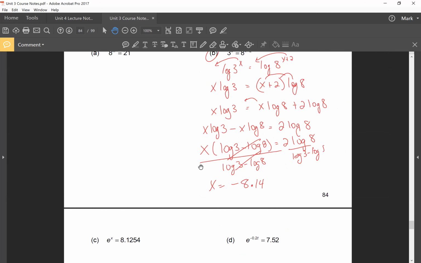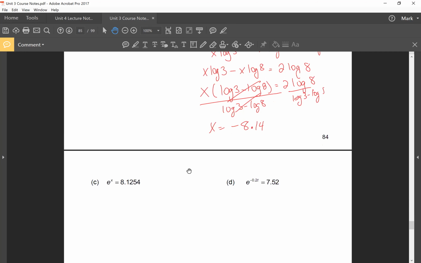Let's look at question, well, C would be actually pretty easy. Okay, so let's look at C. All right, so for C, because there's an e, I'm going to take the natural logarithm. Anytime you see an e, use natural logarithm.